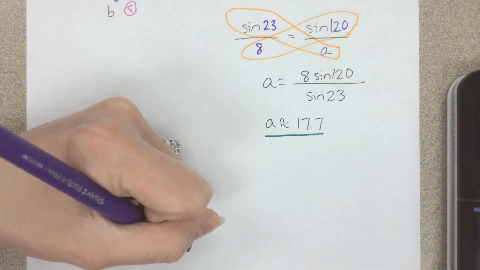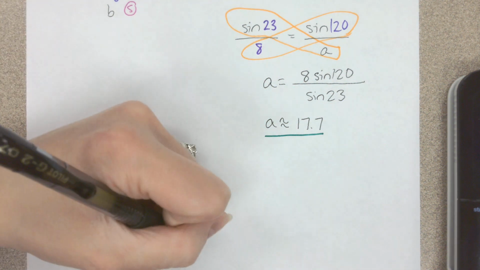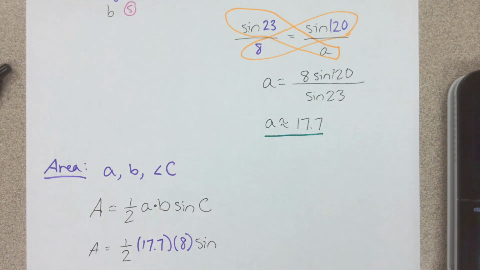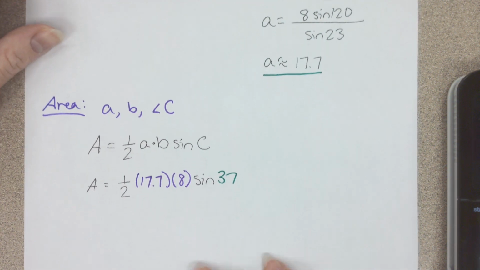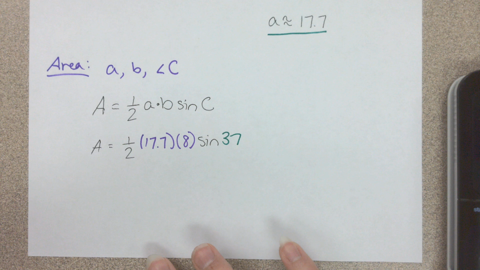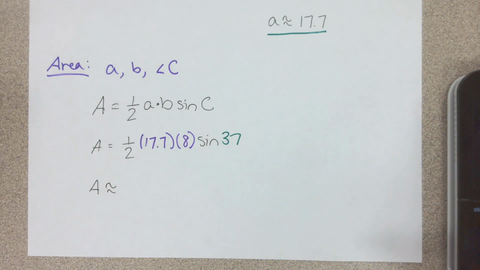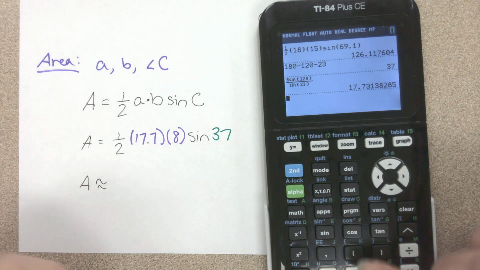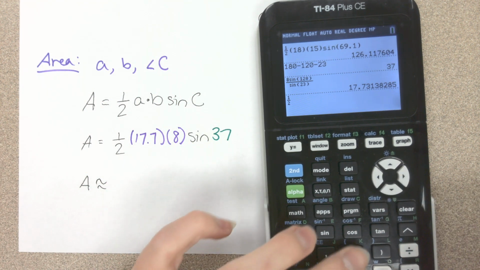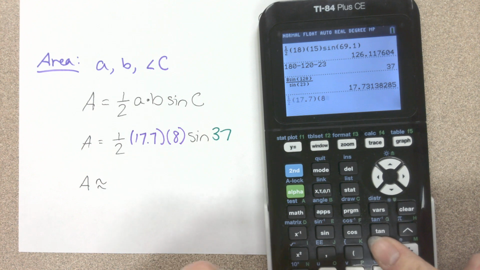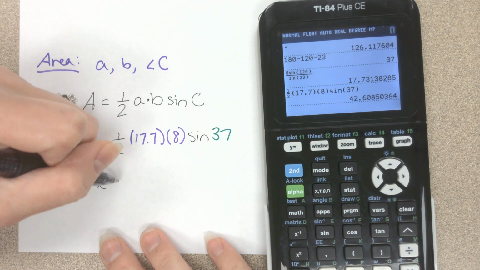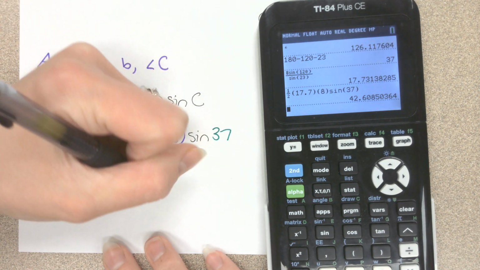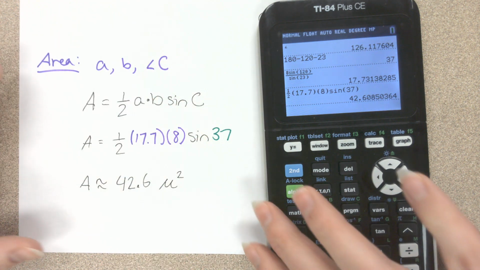B is 8. Sine of C was 37. And we round. Okay. 42.6 units squared.